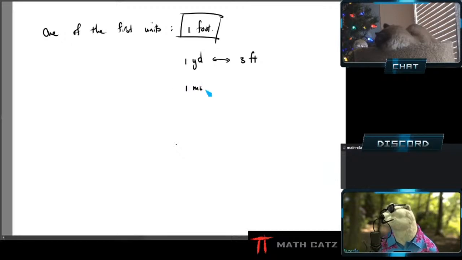So they introduced the unit of a mile. And for reasons I don't actually know, 1 mile is equivalent to 1,760 yards. Why? Well, I don't really know, to be honest with you. It's interesting, historically speaking, to investigate where these conversion amounts came from, but that's not really our focus.